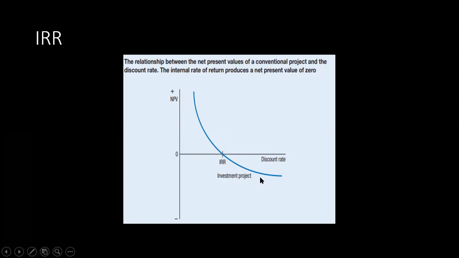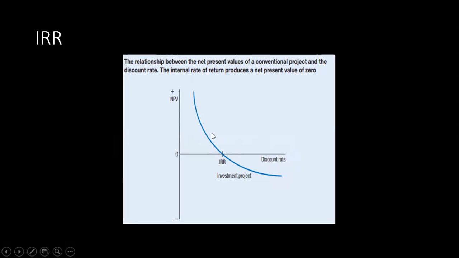So your internal rate of return, Doreen, is between where you have a lower discount rate, which gives a positive NPV, and where you have a higher discount rate, where your NPV starts falling.